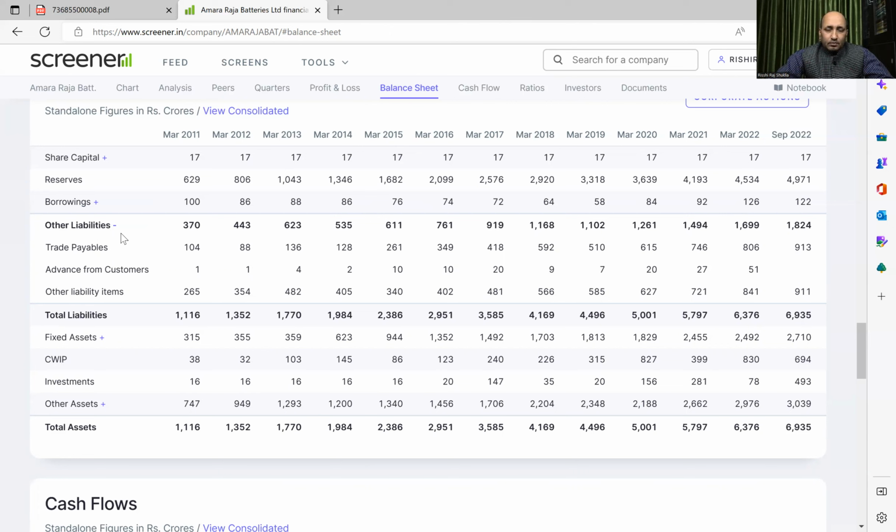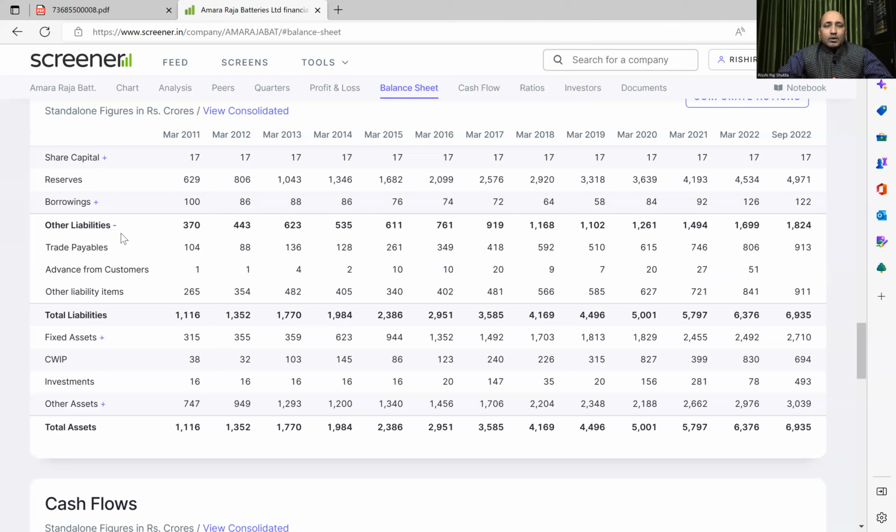Advance from customers. You have not supplied the intended goods. In the case of Amara Raja Batteries, they have not supplied this battery or set of batteries, but have taken an advance. So this is a liability till the date it is supplied to the customer.